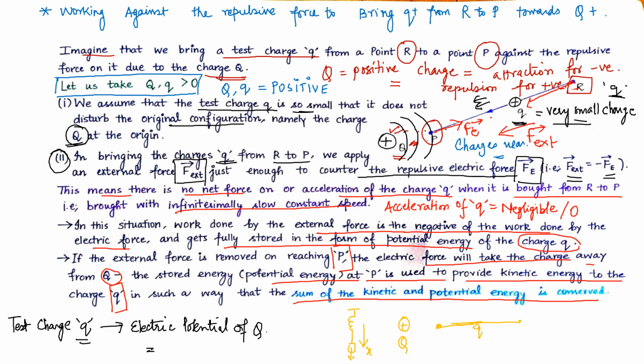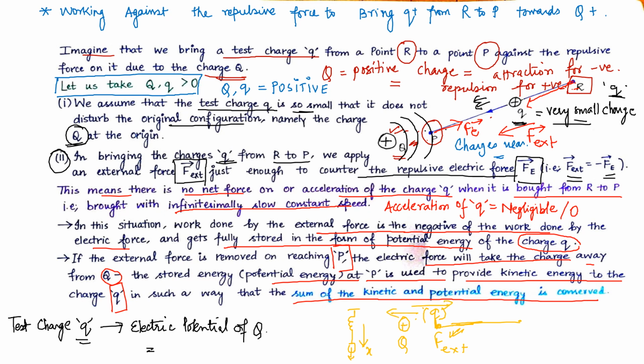Now our charge Q is present here. As soon as the external force is removed, there is no external force holding our small q here. What will happen? These two will show repulsion.